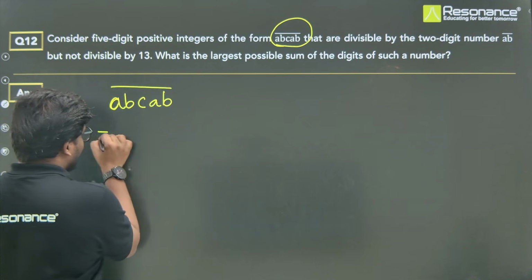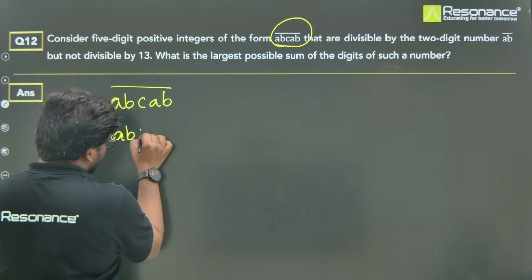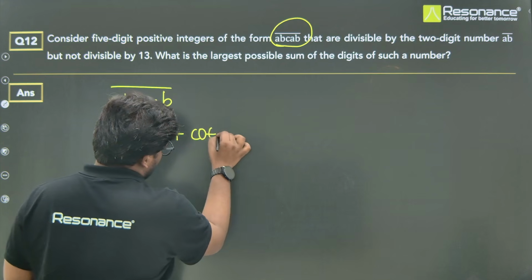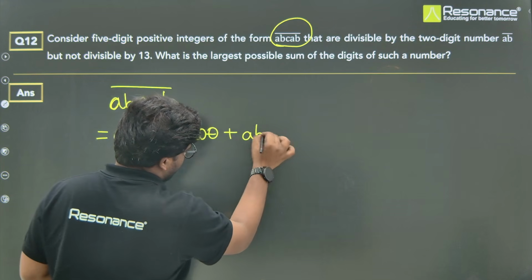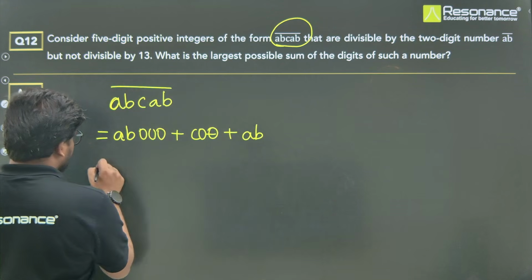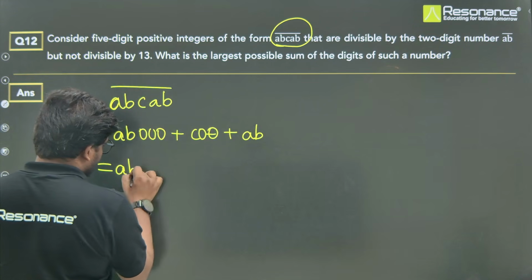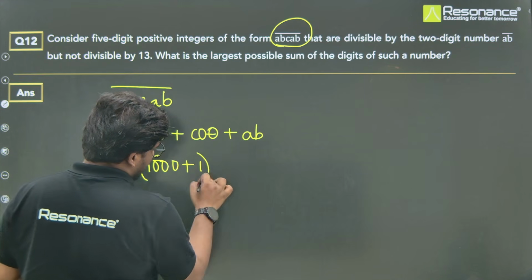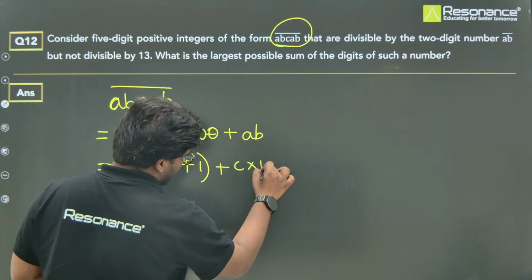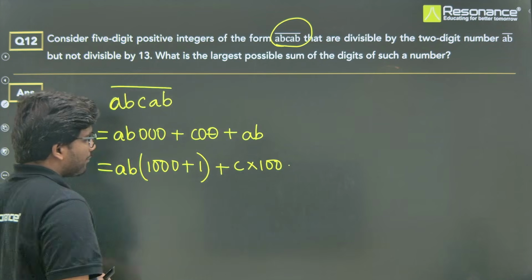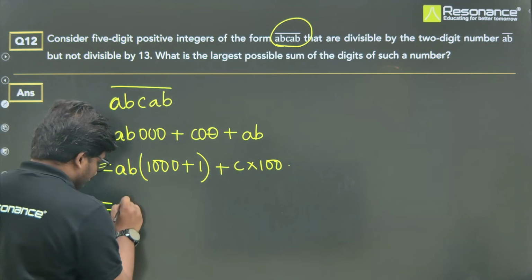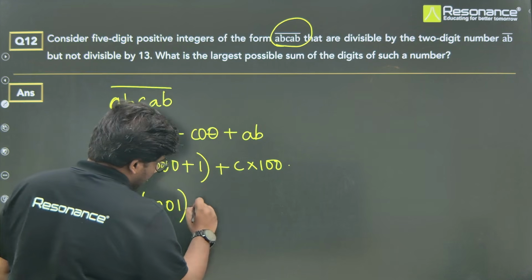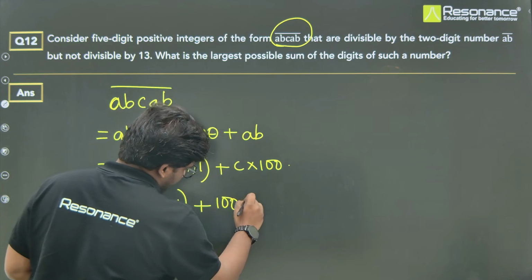This number could be written as AB000 plus C00 plus AB, right? Which is AB into 1000 plus 1, plus C into 100. So this is AB into 1001 plus 100C.